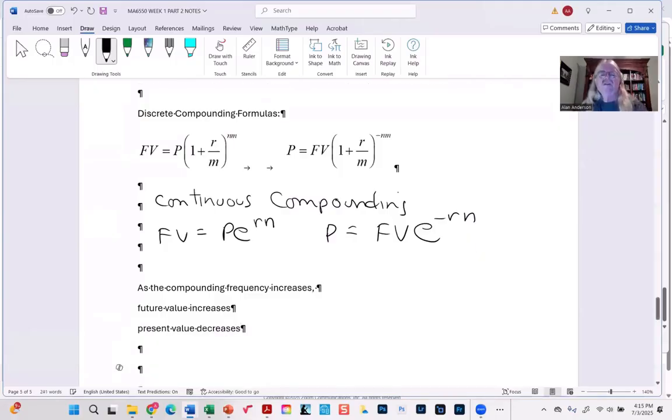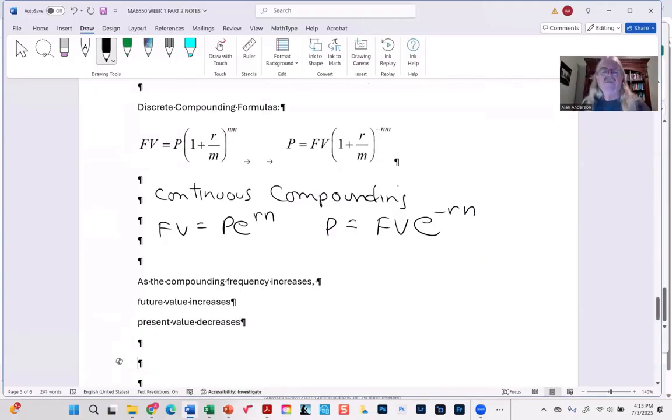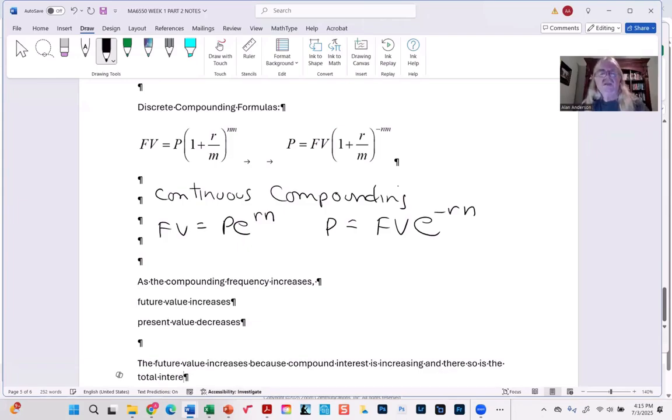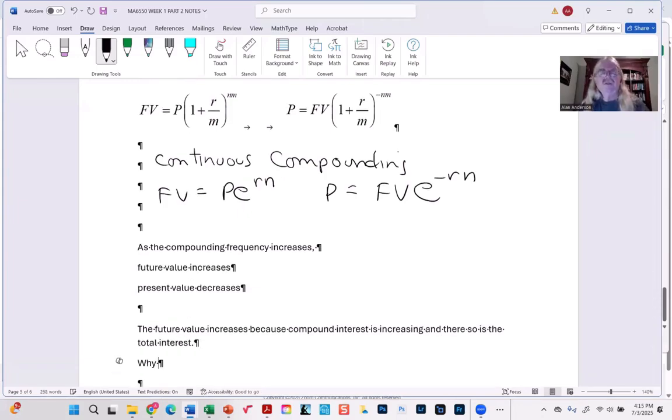It's clear with the future value why this is happening. The future value increases because compound interest is increasing, and therefore so is the total interest. But why is the present value decreasing?